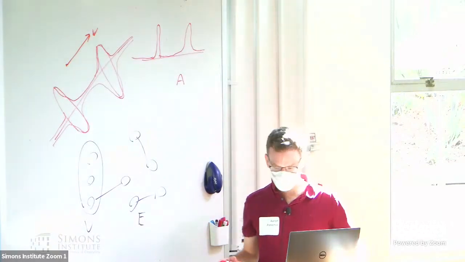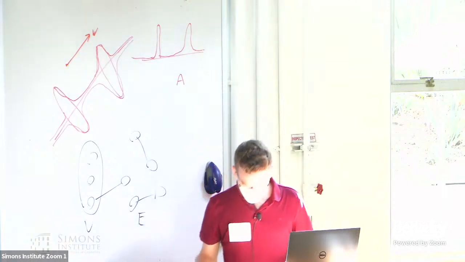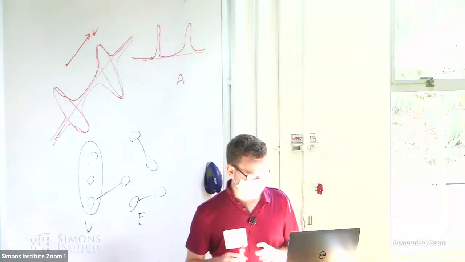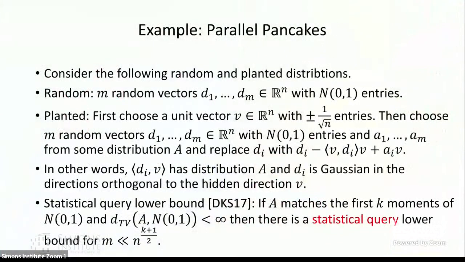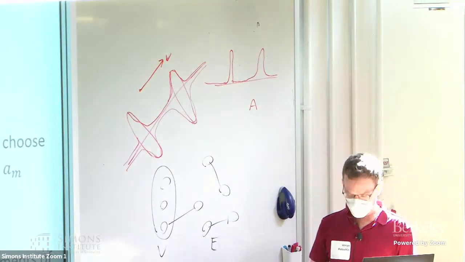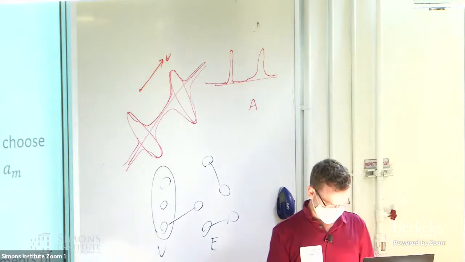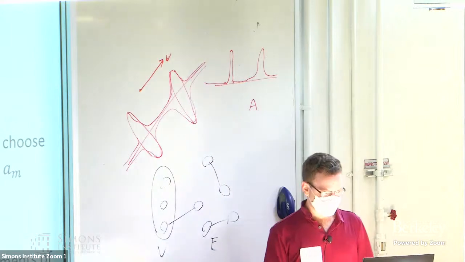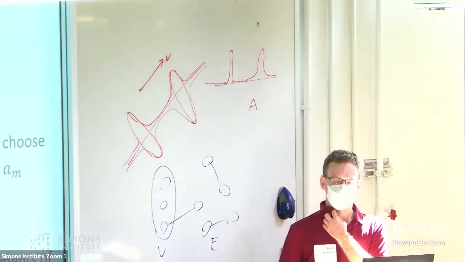Okay, so this is a basis for the statistical query lower bound on this problem, where if A matches the first k moments of a Gaussian and the total variation distance between a Gaussian and it is finite, then there is a lower bound when m is much less than n to the k plus 1/2.